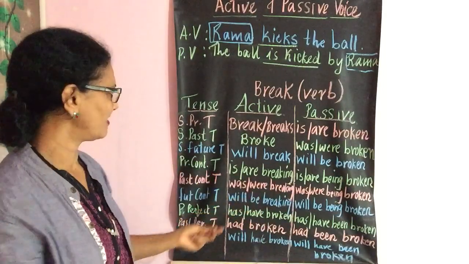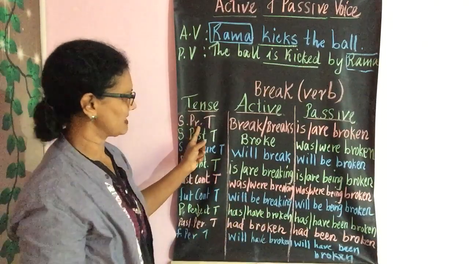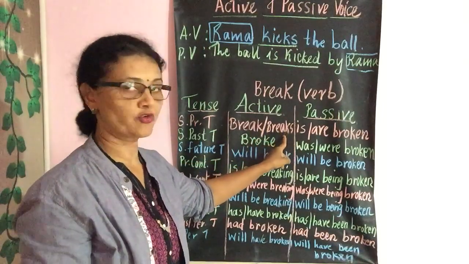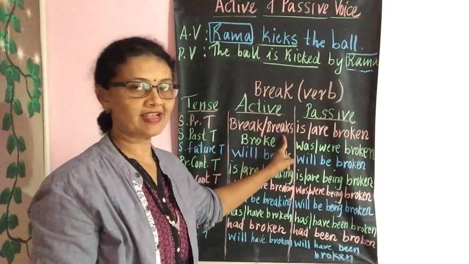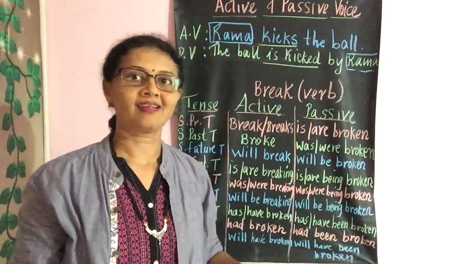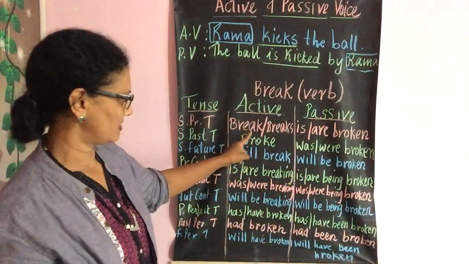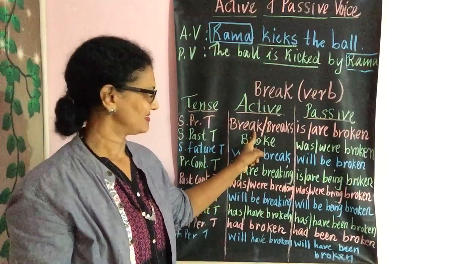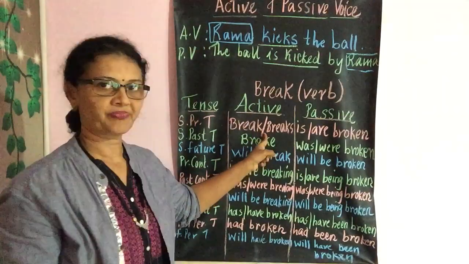Now as I have written here, simple present tense is break, or sometimes we have to write it like breaks, like if I say Sushma breaks the glass, or if I want to say the boys break the glass. So this is the active form.